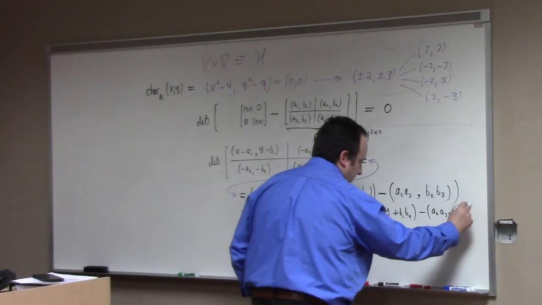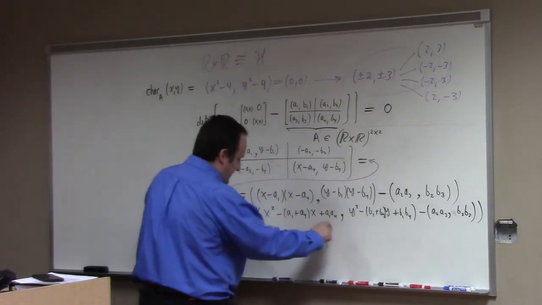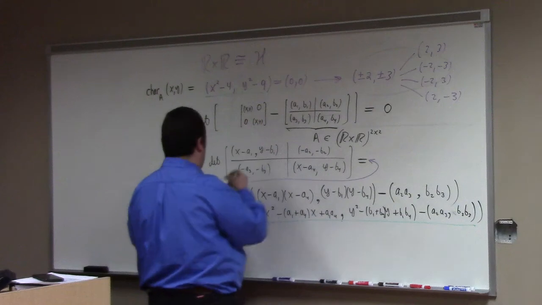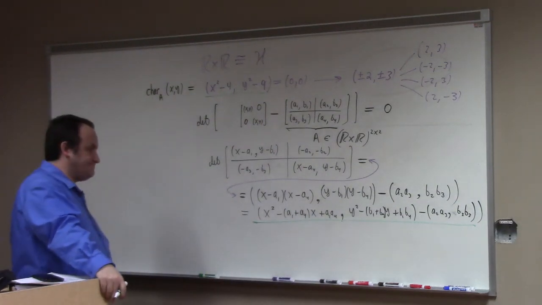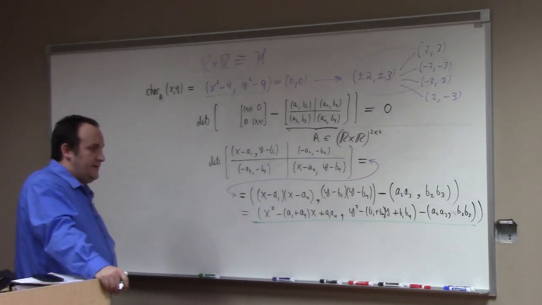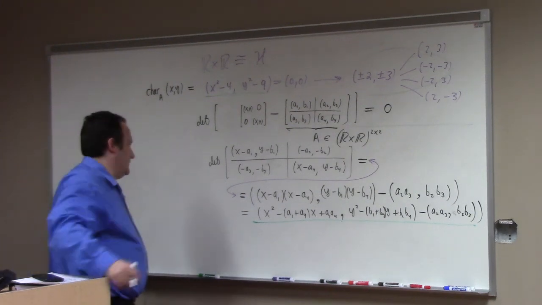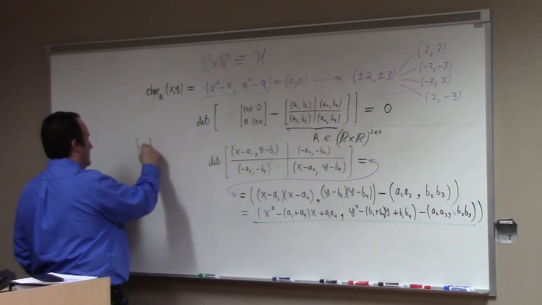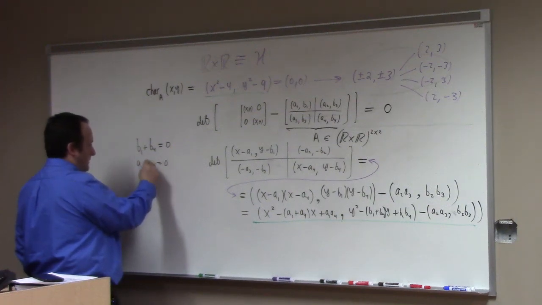So can you guys see it yet? What to do? My goal is to make this match that. Well, obviously I need a1 plus a4 to be 0, right? So these are not up for grabs. I need b1 plus b4 to be equal to 0.